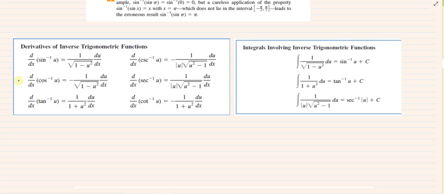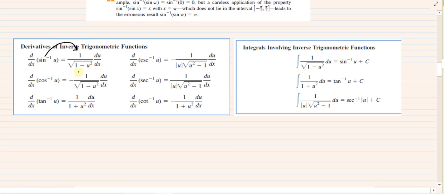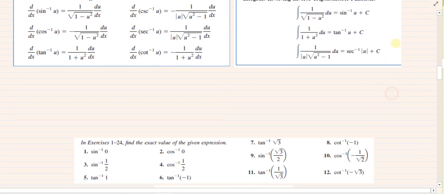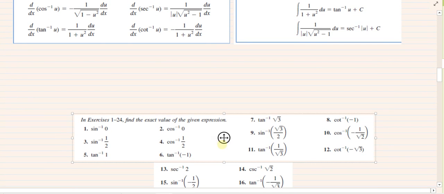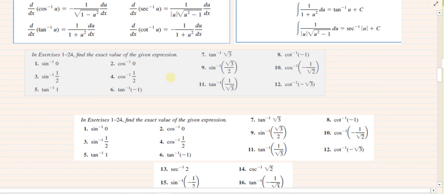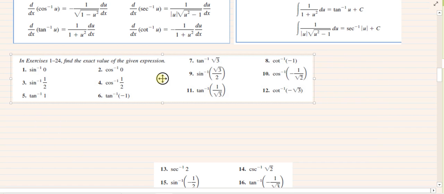When it comes to the integrals of those, well, if the derivative of arc sine is that, it makes sense that the antiderivative of this will give you back the arc sine. And that's what these are, to the right. To the right are antiderivatives. And that is it. So with that, let's actually take a look at some exercises here.